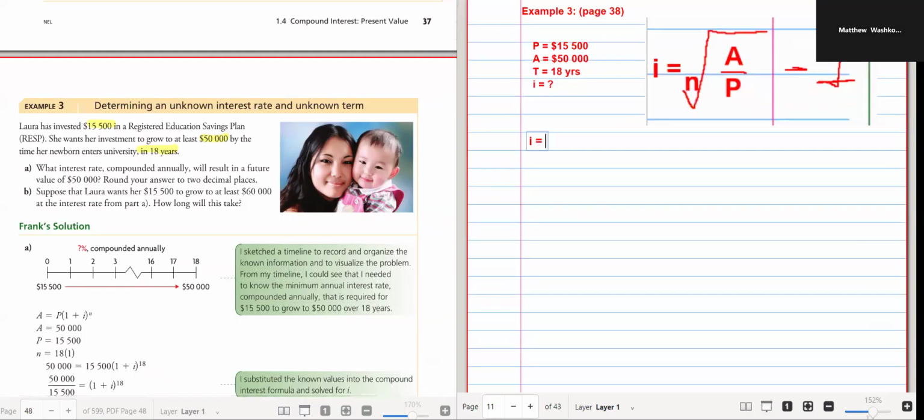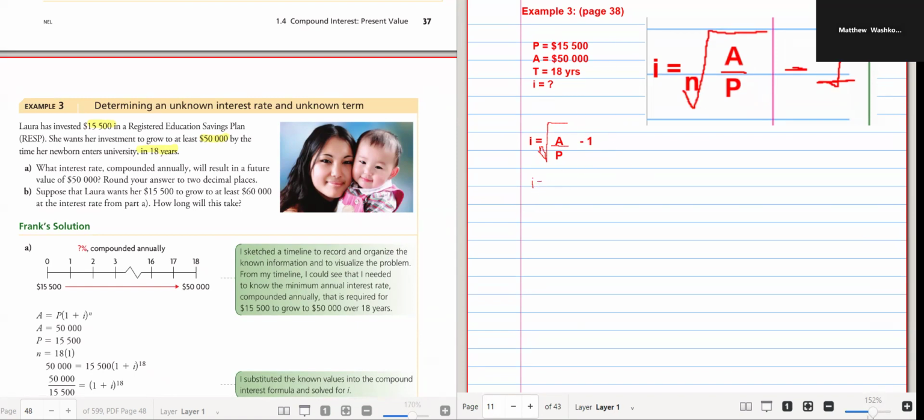I'll deal with the square root in a second. So the square root of the ratio here, all rooted by n, minus 1, right? So that's what this is.